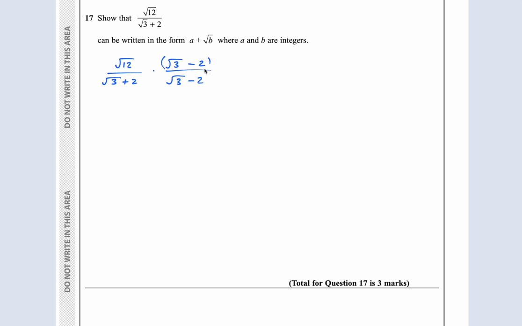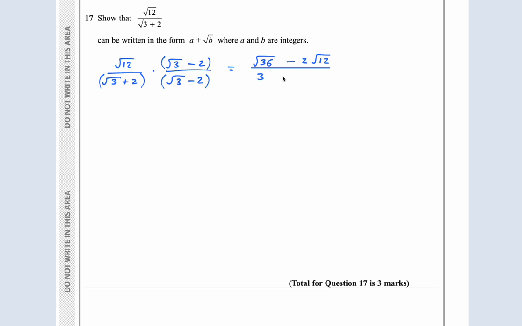And you're just multiplying above and below, so you're not changing anything because you're basically multiplying by 1. Okay, now multiply these out properly. Root 12 times root 3 is root 36, because 12 times 3 is 36, minus 2 root 12, all over. Root 3 times root 3 is 3.